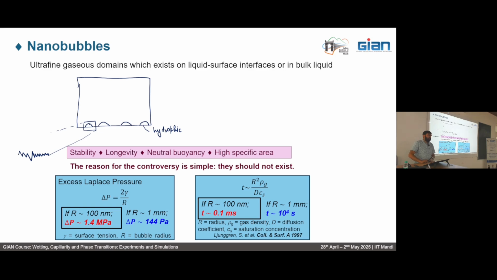Sometimes these nanobubbles can also be in bulk state. Typically, it's difficult for a vapor nanobubble to be in bulk state, but gaseous nanobubbles can be in bulk state, provided that the gas saturation is so high that all the surface available for heterogeneous nucleation is totally filled with bubbles. So in that case, what might happen is, like we have two bubbles very close to each other, and let's suppose that we have very high saturation here.